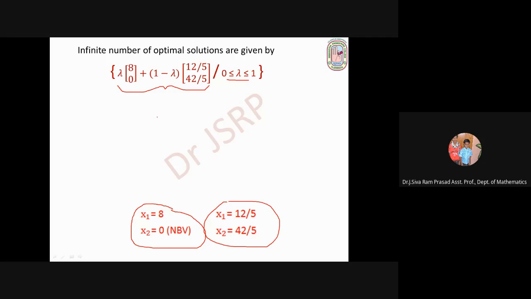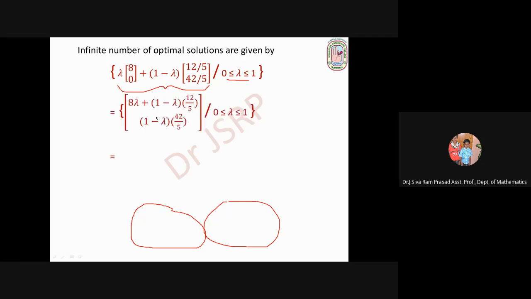Simplify this. First, 8 lambda plus 1 minus lambda into 12 by 5. That is the first element. Then 0 into lambda, 0, plus 1 minus lambda into 42 by 5, such that 0 less than or equal to lambda less than or equal to 1. Just add these vectors. So 8 lambda plus 1 minus lambda into 12 by 5.